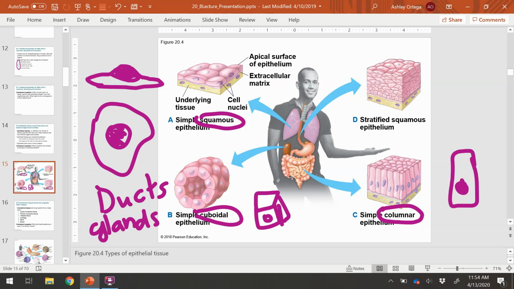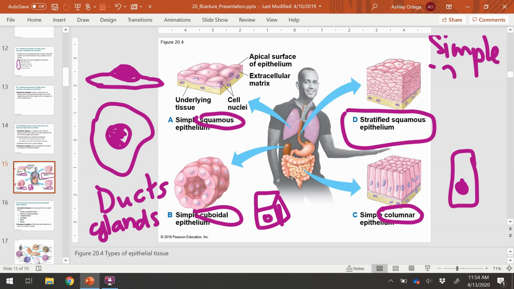Another example we see here, stratified squamous, shows you a different type in terms of layering. Simple is 1 layer, whereas stratified is multiple layers.